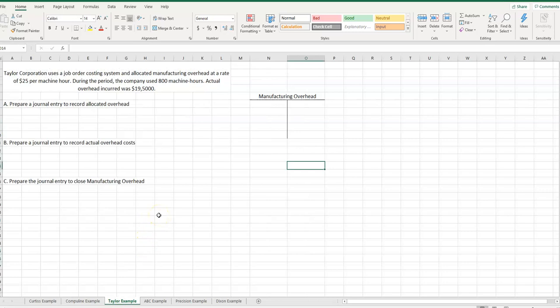Our next example is going to look at journal entries related to overhead. We allocate overhead to jobs, and then we also record actual overhead costs throughout the year whenever we receive information about transactions that relate to overhead. Overhead is a temporary account that needs to be closed at the end of each period.